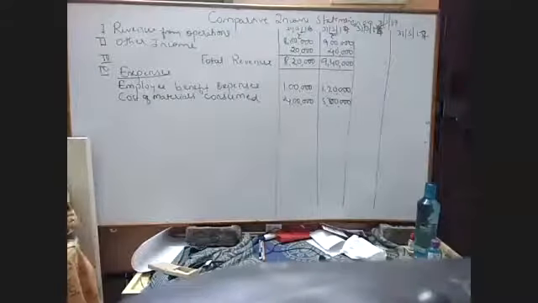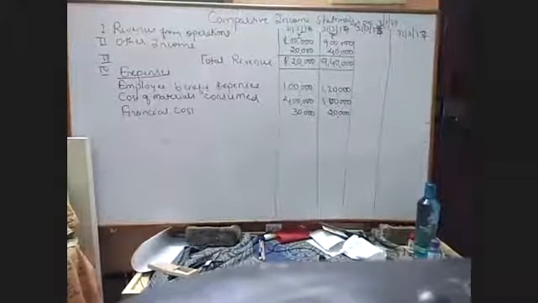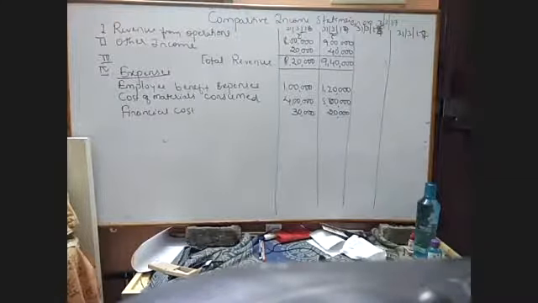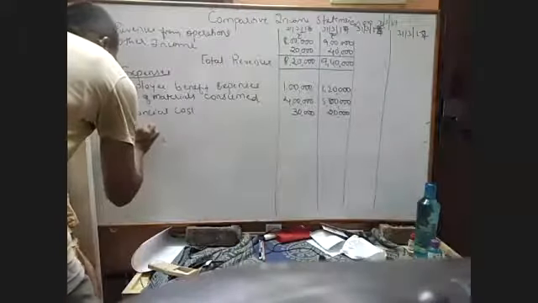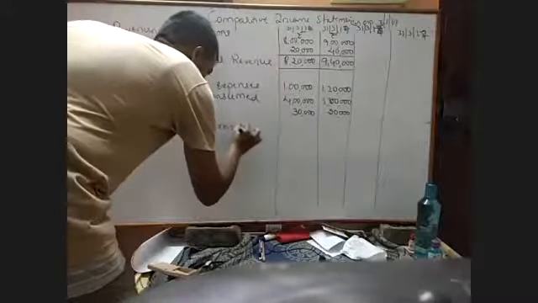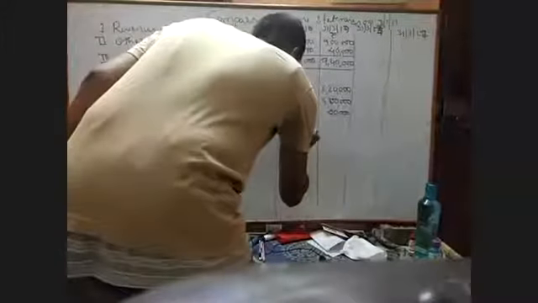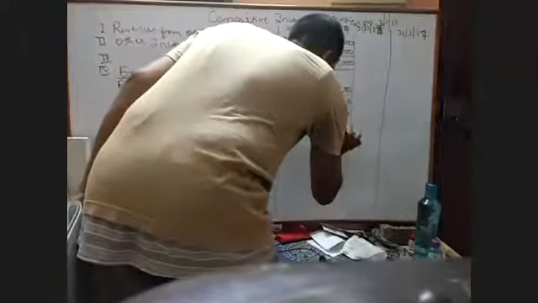Next is financial cost, 30,000, 20,000. Next is depreciation and amortization, 70,000.